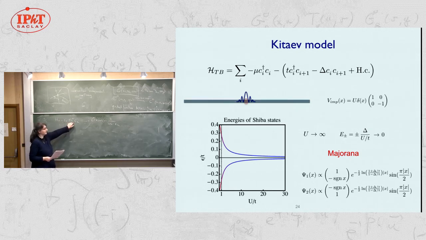Then when I do path integrals, the inverse is just the coefficient of the c_k dagger term, and this is just iω_n minus ε_k. Probably everybody knows that. I'm not going to go into all the field theory details, so I'm not going to tell you how to derive the form of the Green's function.